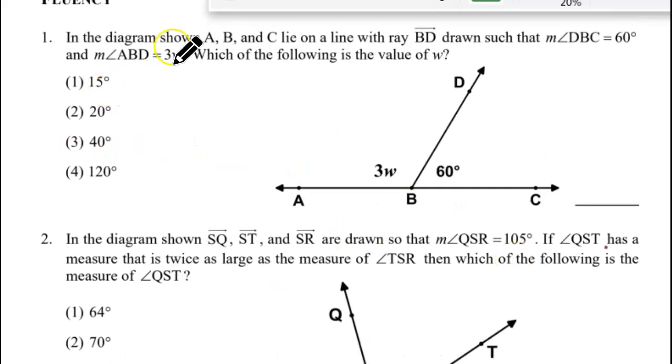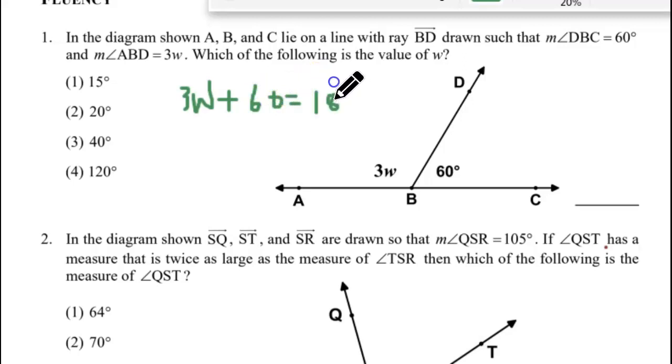In this example, in the diagram shown, A, B, C lie on the ray BD drawn as here, right? So the measure of angle DBC is 60, and the measure of angle ABD is 3W. We know that this is 180, so we could just say 3W plus 60 equals 180.